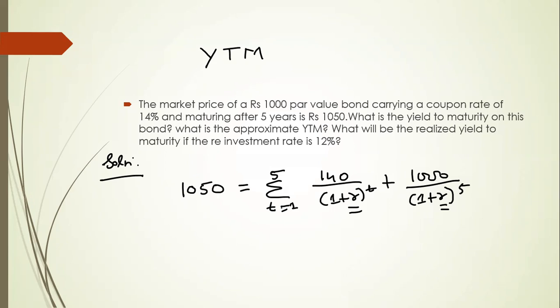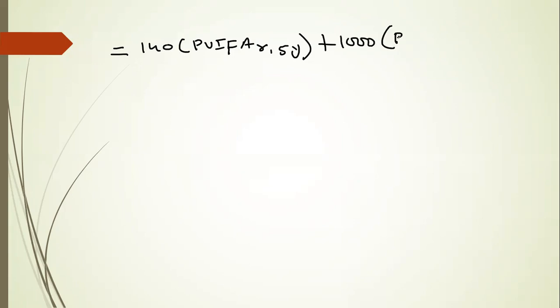So we can first check with 13%, putting R. This same problem can be written as 140 into the present value interest factor annuity for R percent and 5 years, plus 1000 into the present value interest factor for R and 5 years.